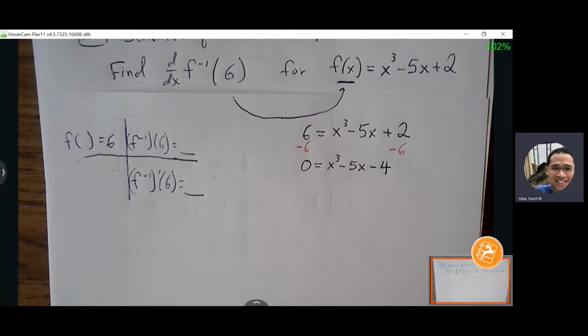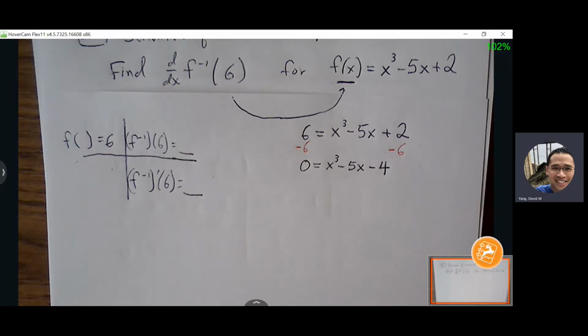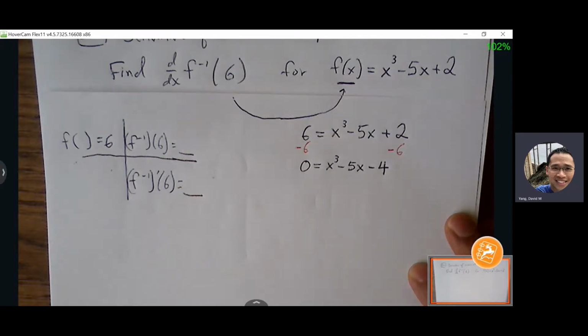The number will be easy to find. You'll just test numbers around 0, and eventually you're going to get there. So let's test some numbers here.